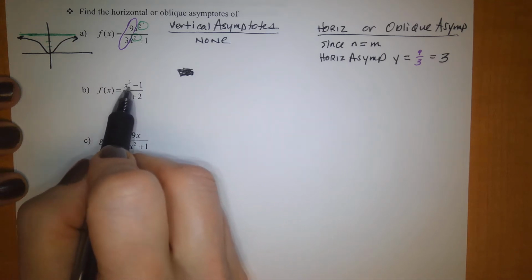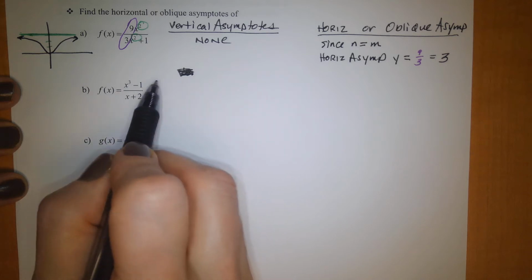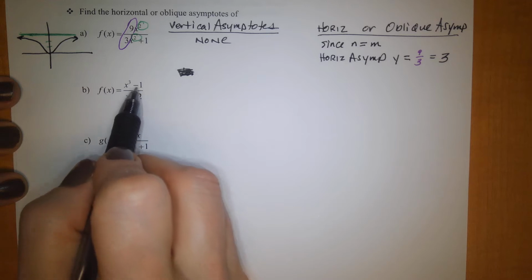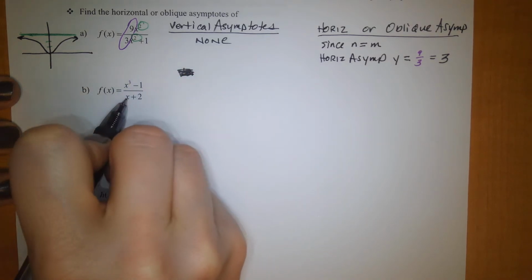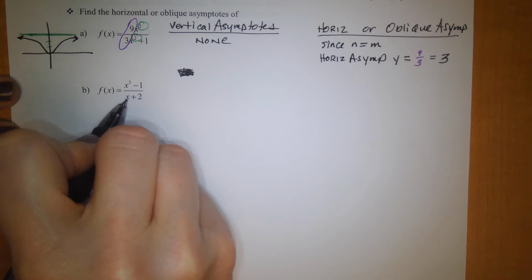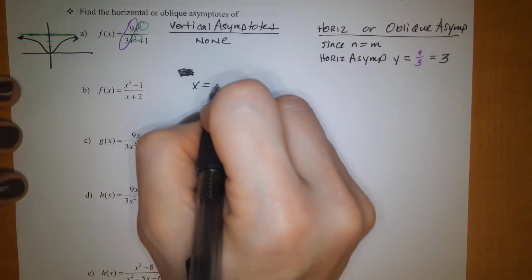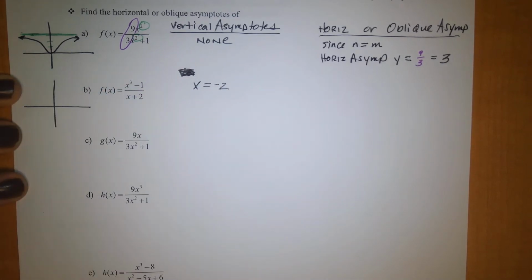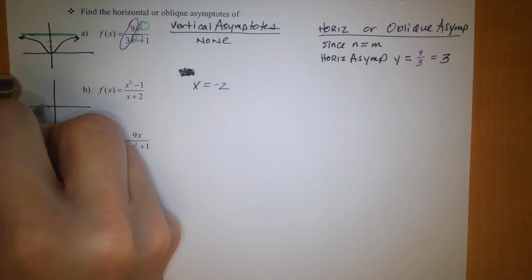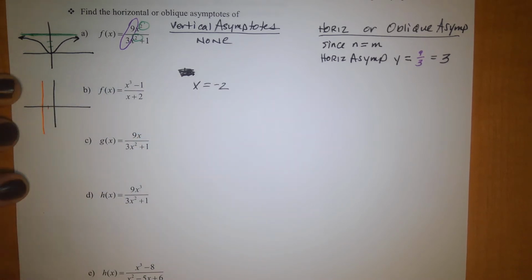Regardless if I factored all this out using the difference of cubes formula, I know it will never reduce with an x plus 2, so I'm not going to bother. But I do know that x cannot ever be negative 2. So that means I'm going to have a vertical asymptote at x equals negative 2. So right away I know when x equals negative 2, I'm going to have this vertical asymptote in my graph.